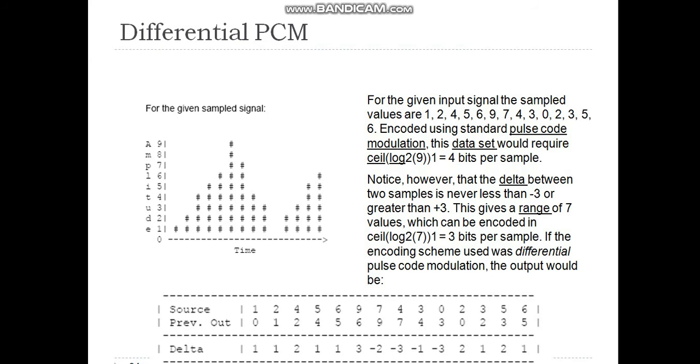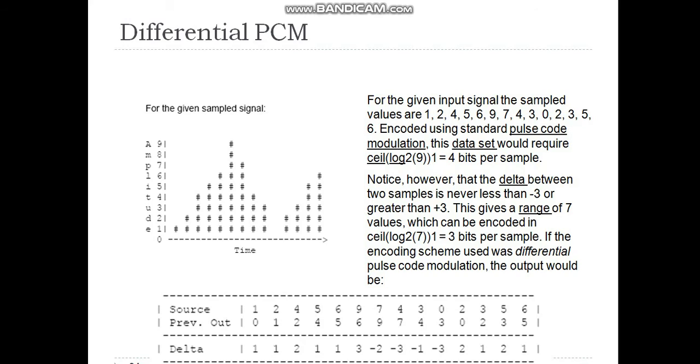Here is a given sampled signal and the resulting signal. For the given input signal, the sampled values are 1, 2, 4, 5, 6, 9, 7, 4, 0, 3, 5, 6. Encoded using standard pulse code modulation, the data set would require log base 2 of 9, that is 4 bits per sample.